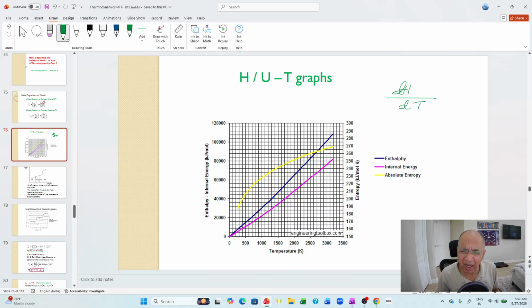It is almost a linear graph. And the internal energy versus temperature graph is lying below it. This is Cp at a particular temperature. But over a broad range of temperature, the Cp and Cv remain constant, particularly for gas.